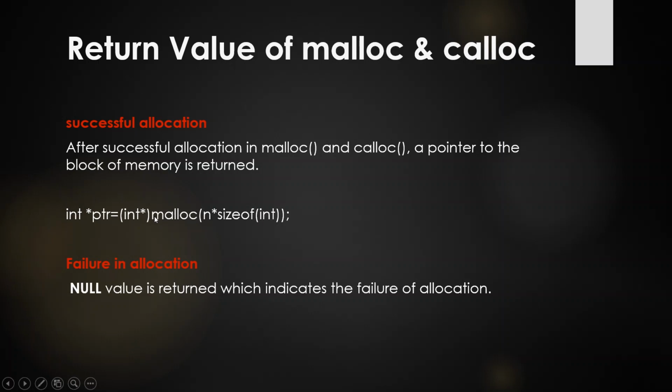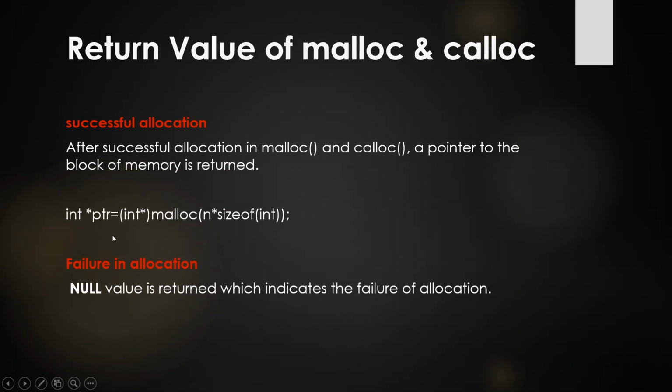That void pointer will be typecast to the int pointer, since we have taken an int pointer here. This pointer will be pointing to the starting address of the memory which we dynamically created. This is the same for malloc as well as calloc. When we get a return type, we have to typecast based upon the type we are taking here.